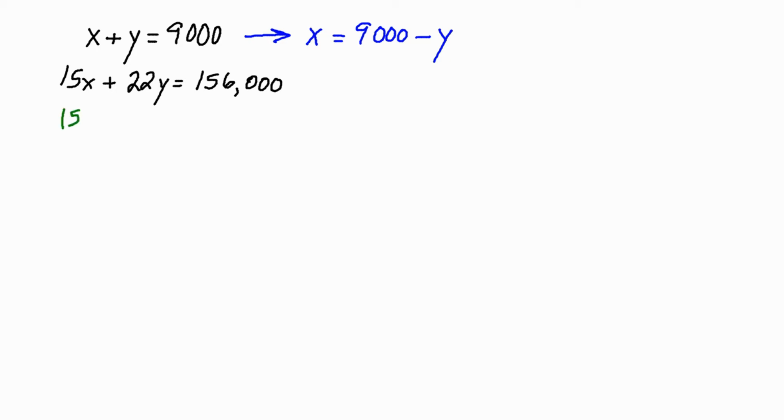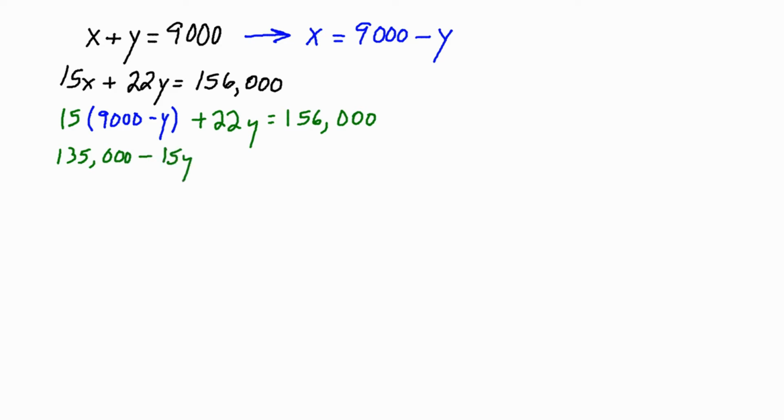So I have 15 times x, which is equal to 9,000 minus y, plus 22y equals $156,000. Next, distribute the 15. 15 times 9,000 equals 135,000 minus 15 times y is 15y, plus 22y equals 156,000.